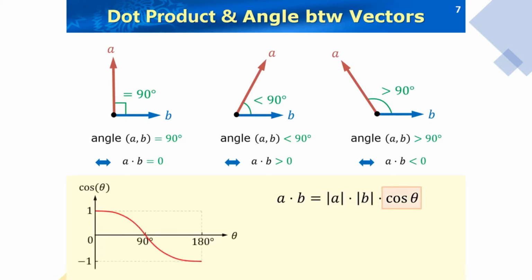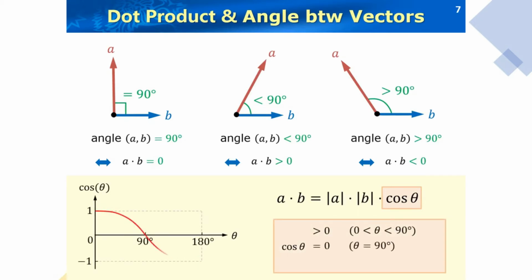We can see from the cosine graph that when theta is between 0 and 90 degrees, cos theta is positive. When theta is exactly 90 degrees, the value of cos theta is equal to 0. When theta varies from 90 degrees to 180 degrees, the value of cos theta becomes negative. This validates our above results.